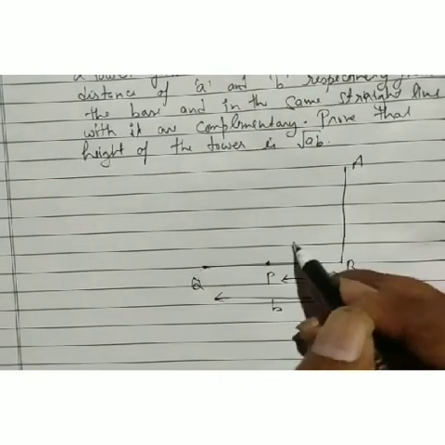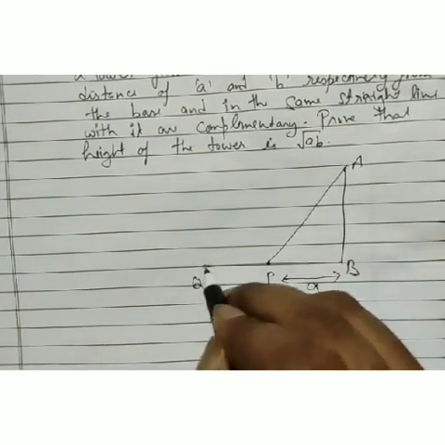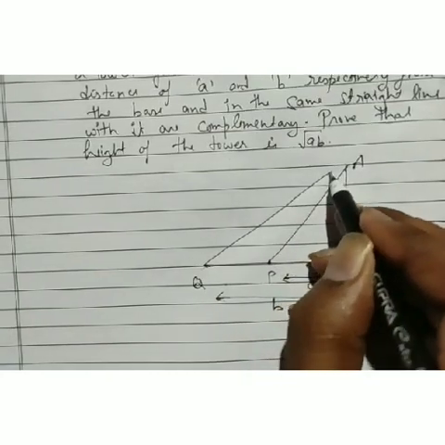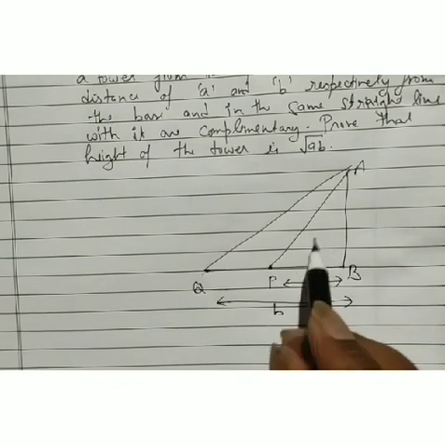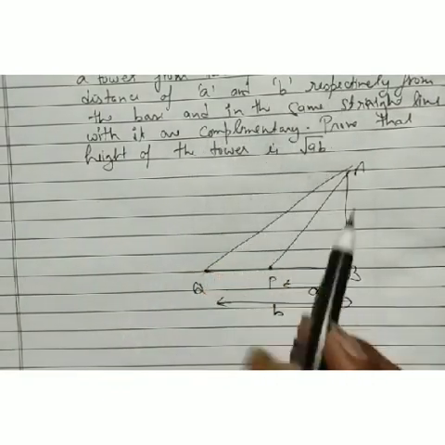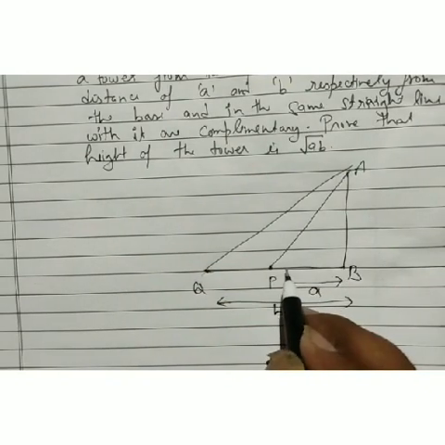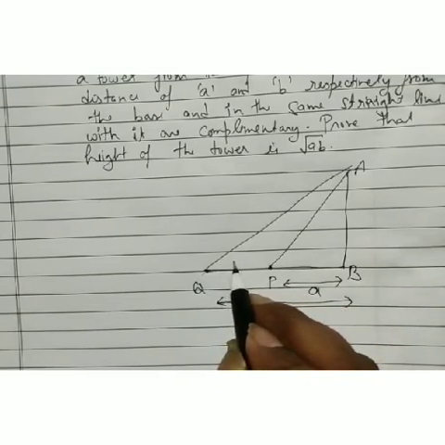Now it's given that the elevation angles are complementary to each other. Now we join the line of sight from P and Q. Here the given angles are complementary to each other. If I take this angle as theta, then we have to take the angle at Q as 90 minus theta.